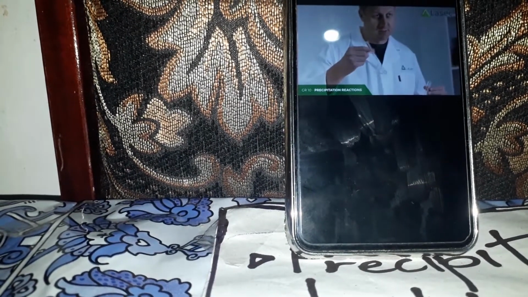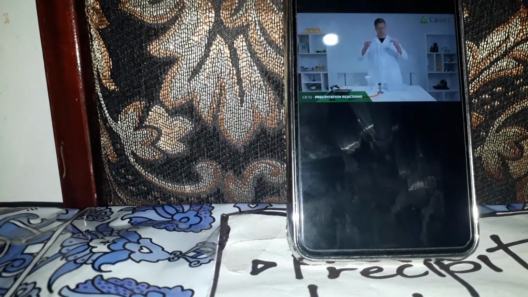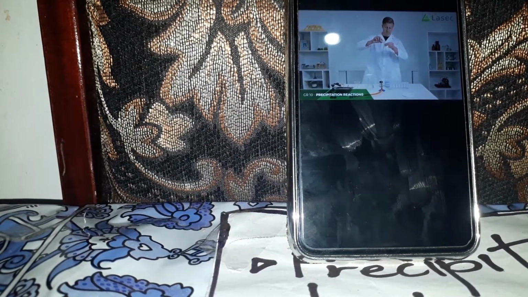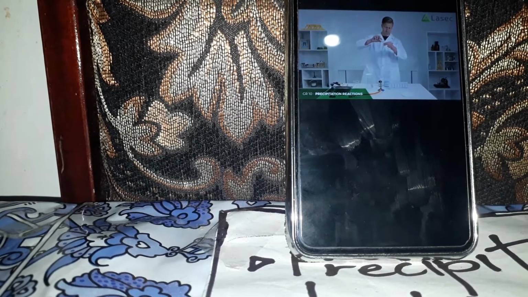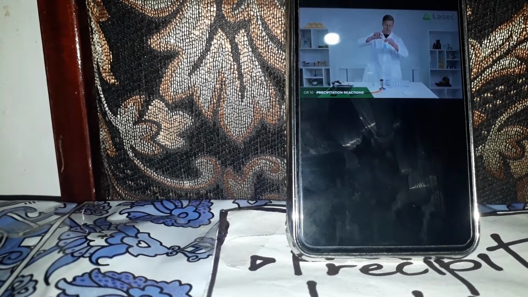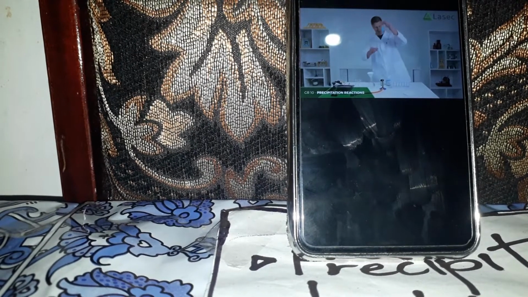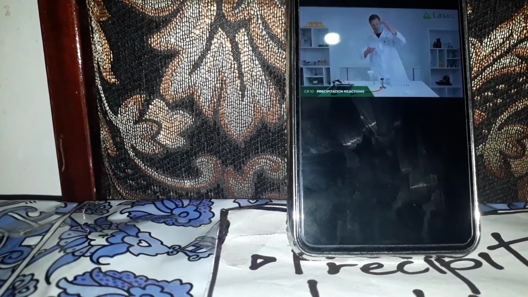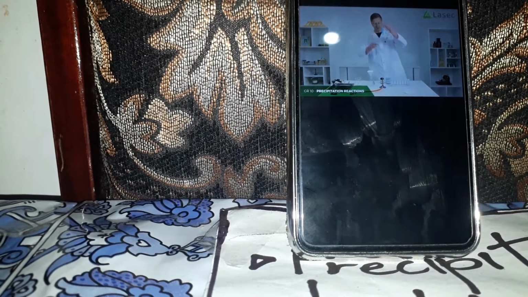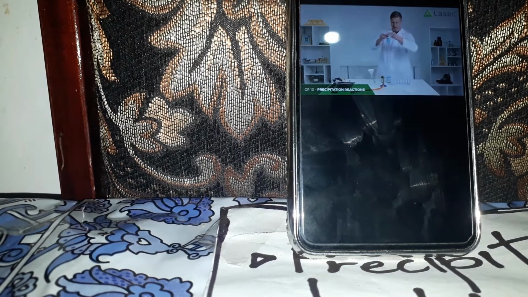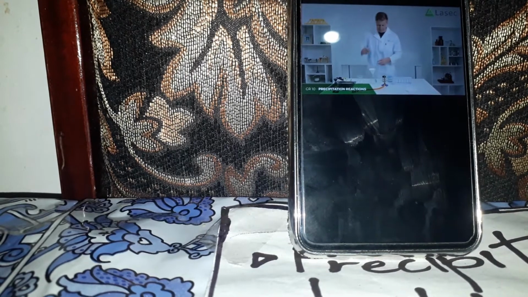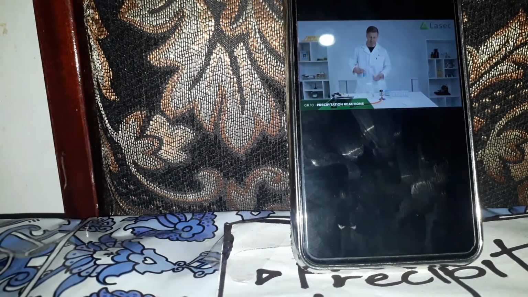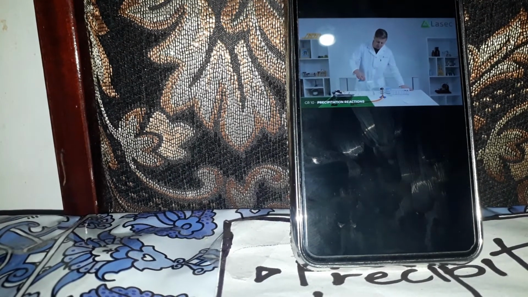So, solution of copper sulfate, solution of sodium carbonate. We're now going to combine the two of them. And you can see we've already got a precipitate. There's a solution in there, and there's also something that will not dissolve. And we're now going to pour it through the filter paper, which means the solution stuff will go through, the precipitate will remain.